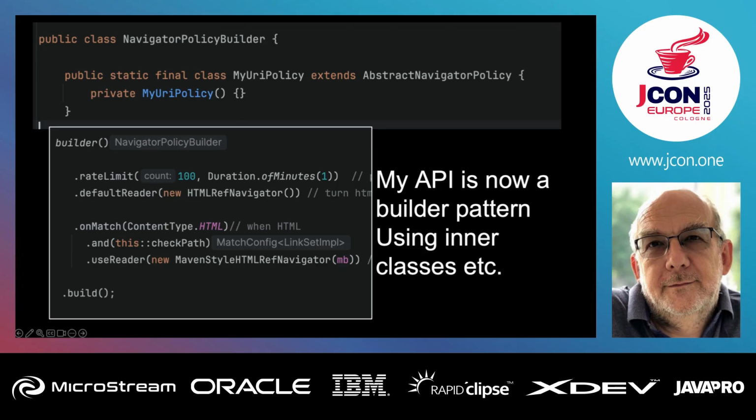Okay, this is your API. Your API is what you use to construct policies, and maybe then use the policy objects later on. But with the use of sealed classes and lambdas, sorry, and inner classes, you can build APIs that look like this.